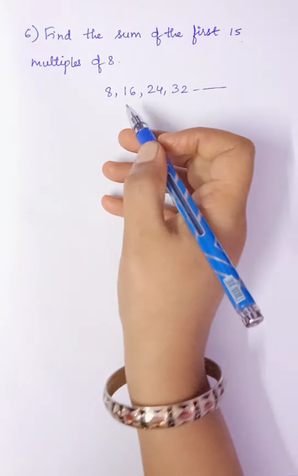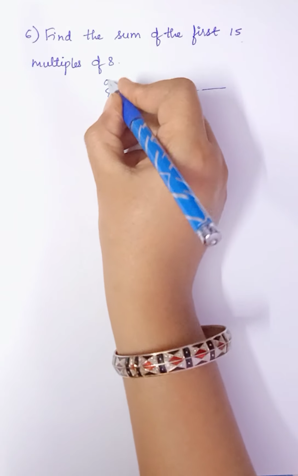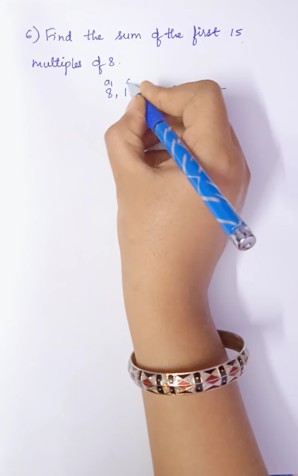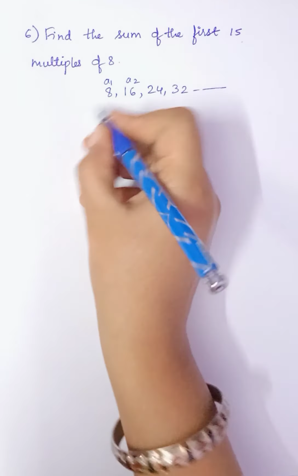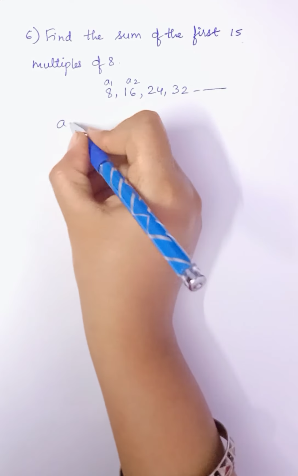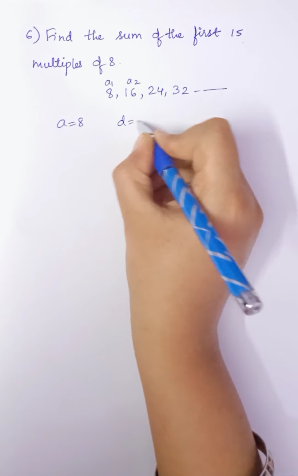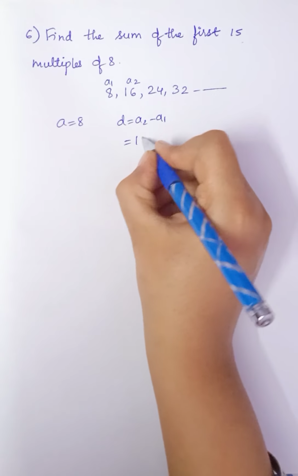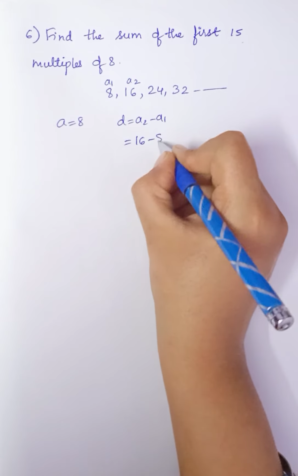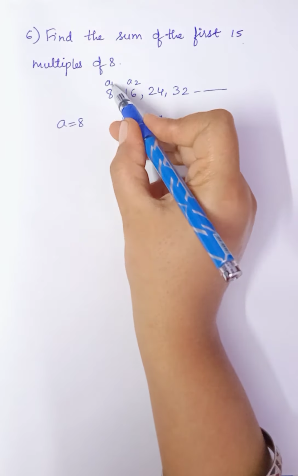Now, in this, the first term is what? A1 is a, and this is A2. So A1 is a, so the first term a is 8. And what is the common difference? d is equal to A2 minus A1, where A2 is 16 and A1 is 8. See, don't get confused, A1 is nothing but a only, that is the first term.